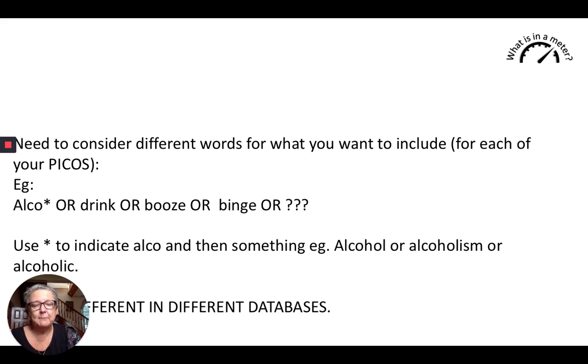This is really important. And the way to actually do this is, well, I do two things for mine. I find systematic reviews in the same area, not answering the same question, obviously. And I look to see what their search strategy was. But I also use things like Wikipedia to see what other words there are in terms of asking that question.